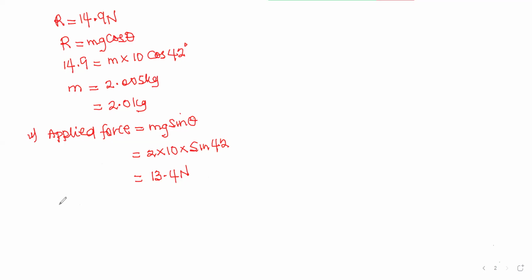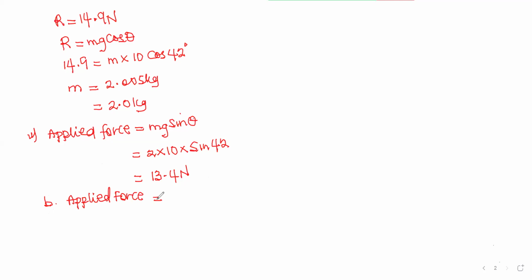Then B. If the body or the parcel is pulled up by a force of 20 Newton parallel to the plane, find the resultant force along the plane. So this time around, we are given the applied force.